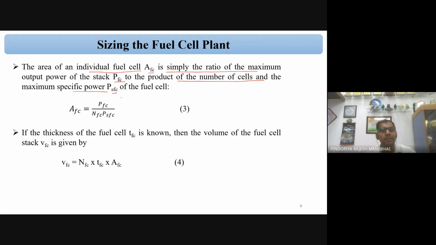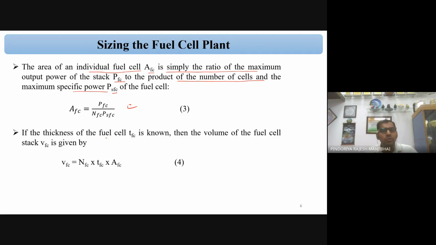S indicates specific and FC the fuel cell. So A_FC is equal to P_FC divided by N_FC times P_SFC. Based on this formula, we can decide the area of the fuel cell.